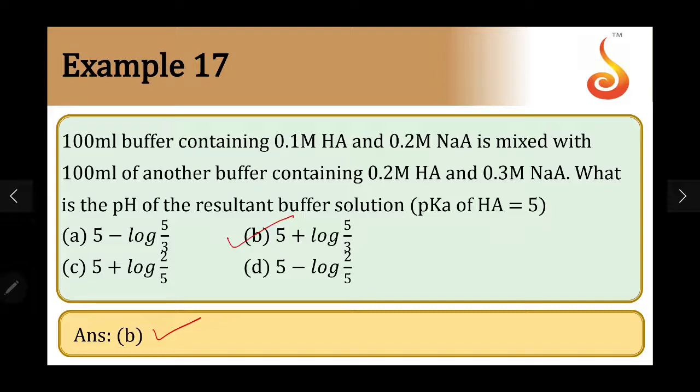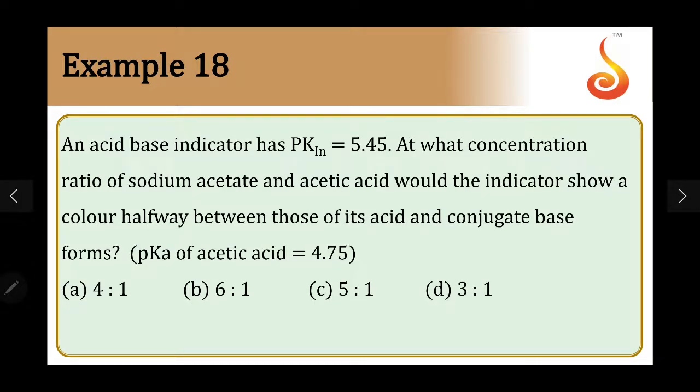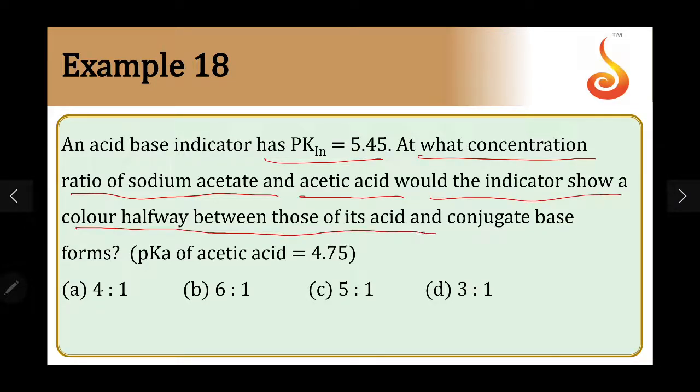Question number 18. An acid-base indicator has a pKin of 5.45. At what concentration ratio of sodium acetate and acetic acid would the indicator show a color halfway between its conjugate acid and conjugate base forms? pK of acetic acid is given as 4.75. So there are two pK values given.